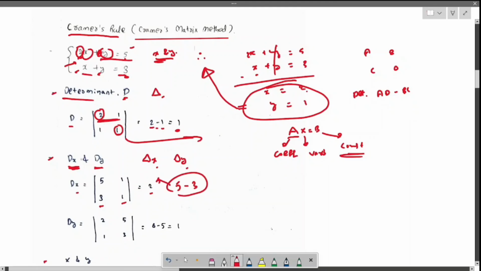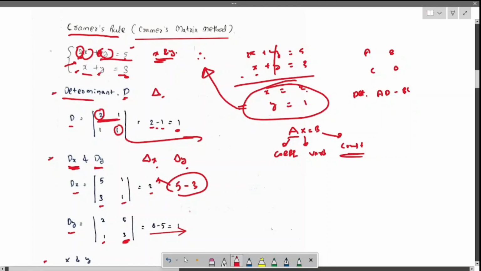In the same way find Dy. For Dx we kept the constant values in place of the x coefficients. Same way for Dy, you replace the y coefficients with the constants. 2 1 as it is, and here we replace with 5 and 3. If you do so, we will get 1.